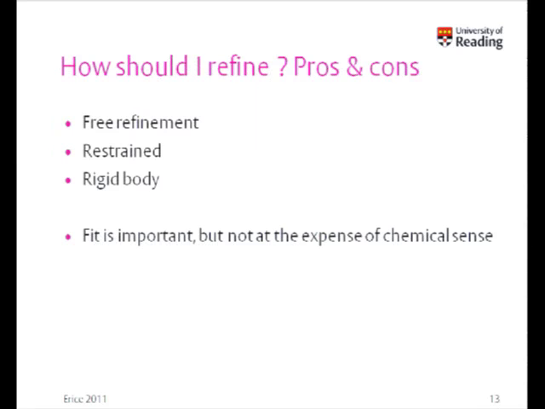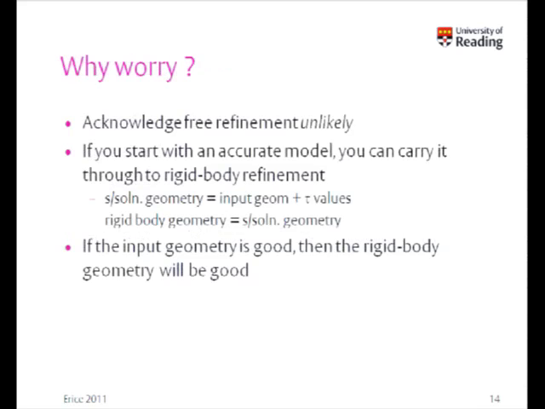You can't turn around and say, I've got a great RWP if your molecule is badly distorted. So I think in many cases we can acknowledge that a free refinement, i.e. the powder equivalent of a single crystal refinement, is really rather unlikely unless we have exceptionally good data.